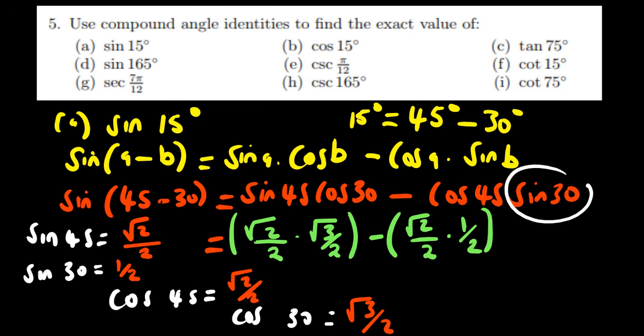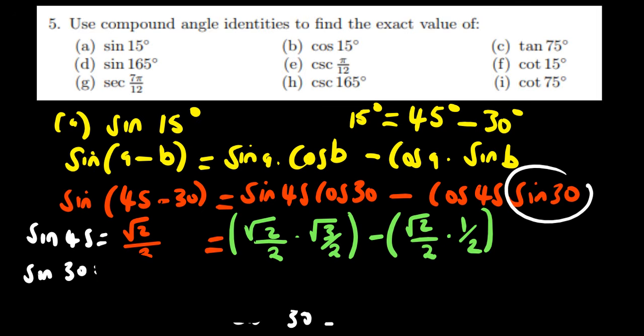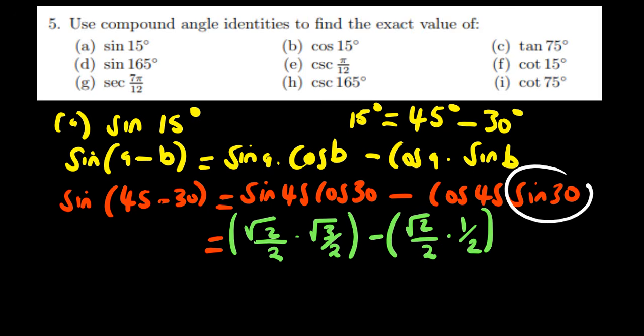So allow me to rub out these ones that have been guiding us. So what are we now going to have? We're just multiplying what we have. Root 2 multiplied by root 3 on top is just going to give us root 6 over 2 multiplied by 2 down, that is 4.